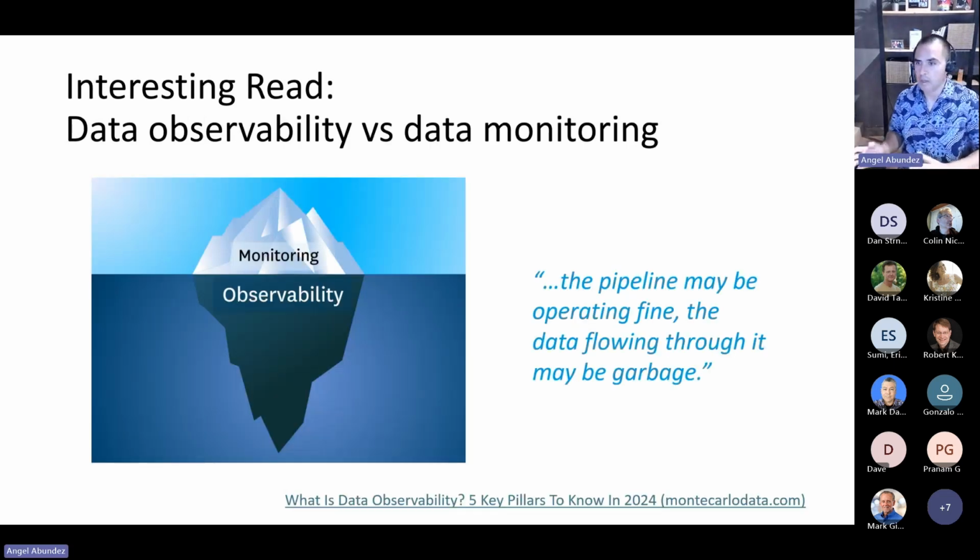So I've talked for a lot. I'm nearing the end. There's this great article that I read as I was getting ready for this talk, about data observability versus data monitoring. Really, the monitoring is the tip of the iceberg.